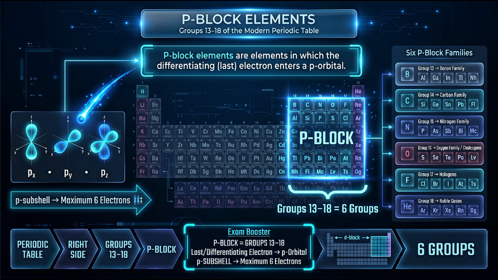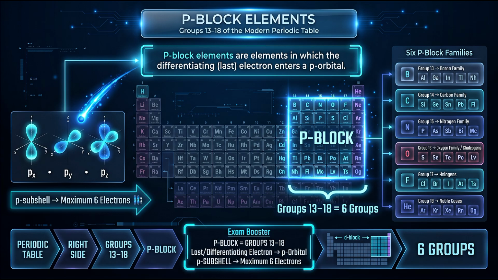Noble gases such as helium, neon, argon, and xenon also have specialized applications in cooling, lighting, welding, electronics, and scientific equipment. For examination purposes, the easiest way to remember the structure of the p-block is to connect each group with its number of p electrons.